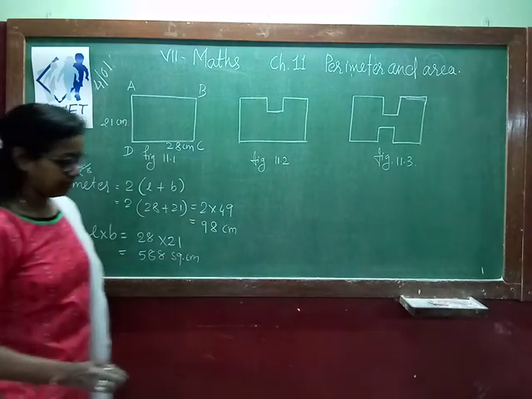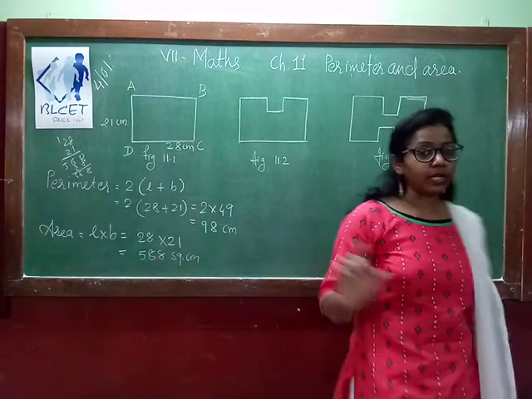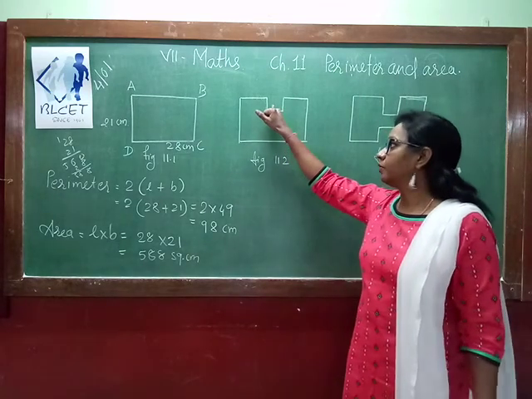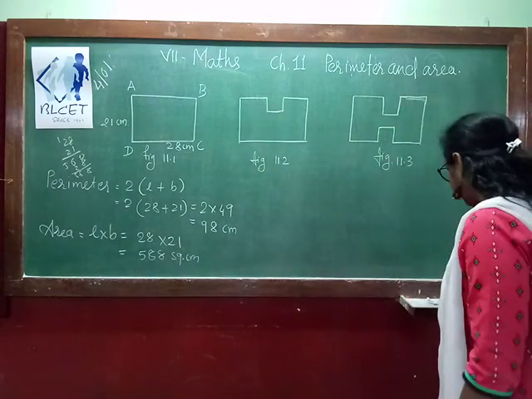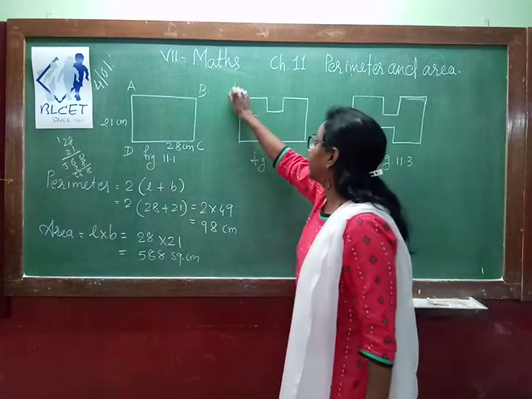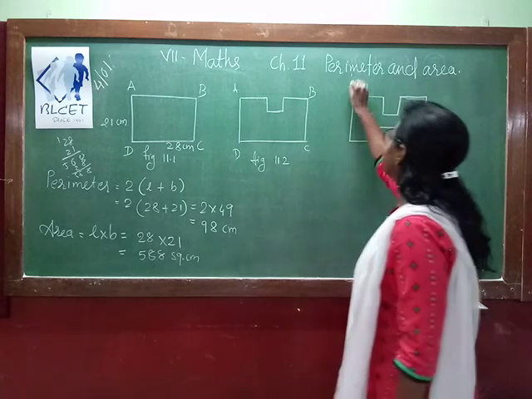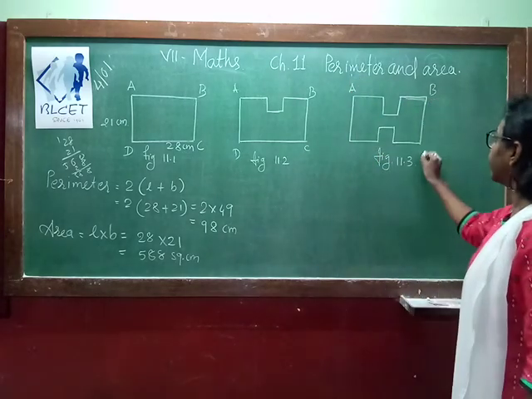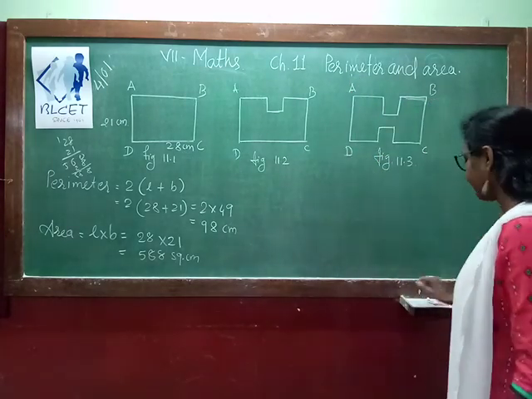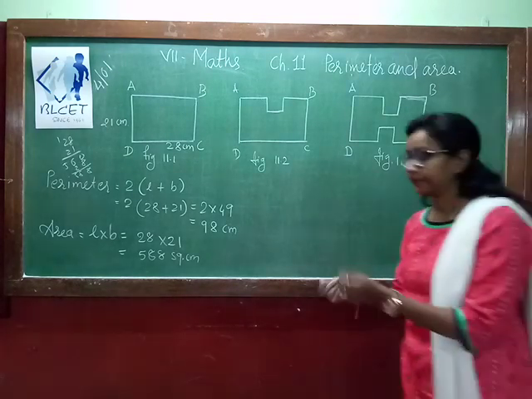Now the question is, if you remove one portion from this rectangle, then does it affect its perimeter and area? That we have to find.